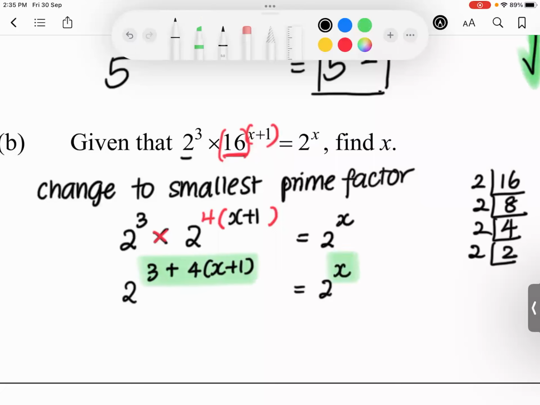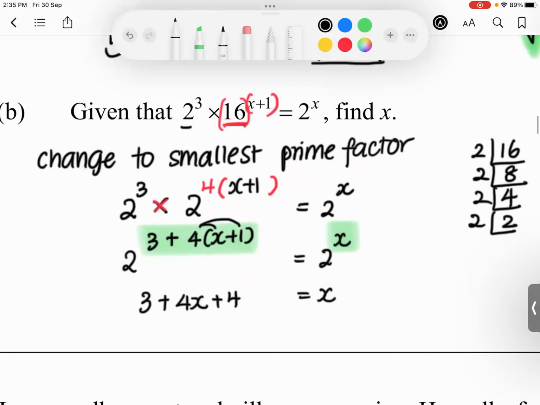The base and the base are both 2 already, so my power will be left with 3 plus 4x. Remember to expand this correctly. This will be plus 4, and this one is x. You notice there are x on both sides. We need to rearrange. So this x will come over to this side, becoming minus x.